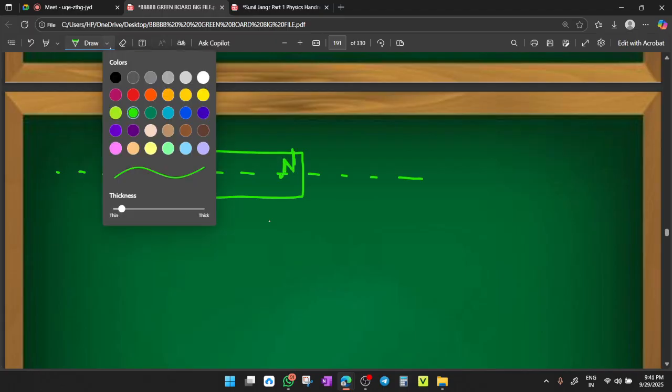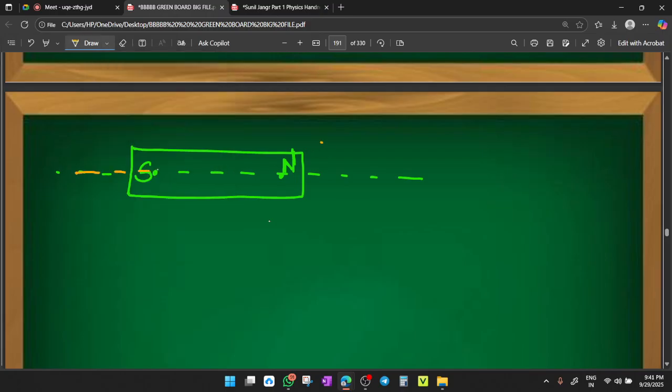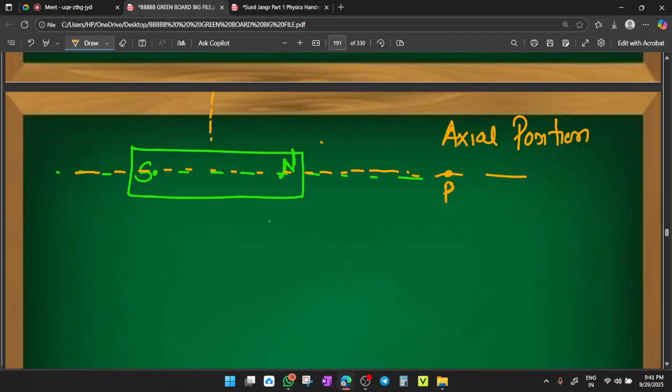First, our first point is taken longitudinally in the direction of the magnetic axis. This is the magnetic axis. This point P is called the axial position. So first you consider the point in the axial position. And second, we have to calculate the magnetic field intensity at a transverse point.